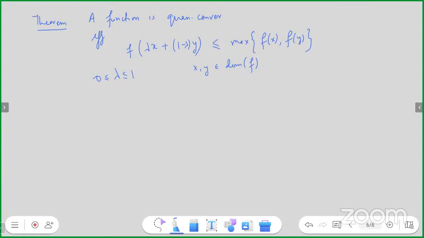This is an interesting characterization. Sometimes this is taken as a definition, and then because of this theorem, you can go to the other definition also.